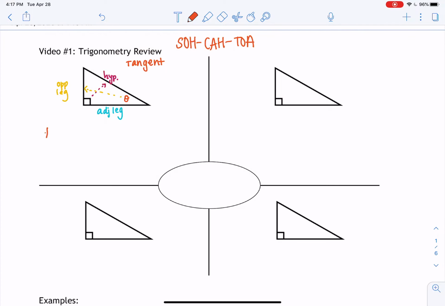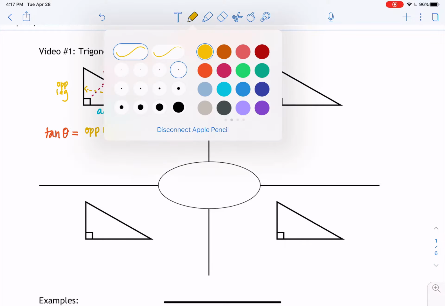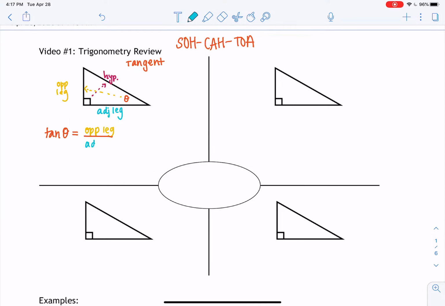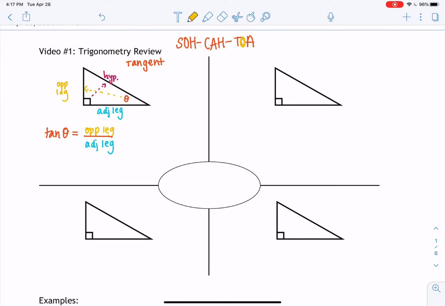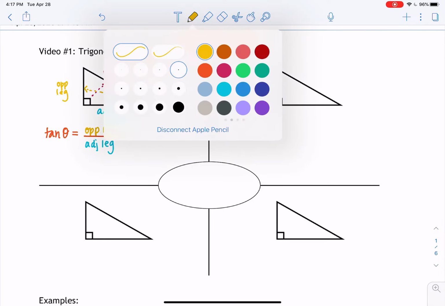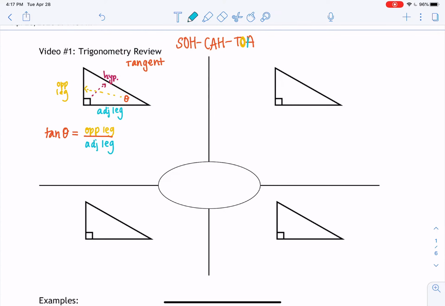So tangent, abbreviated tan, of the angle theta is equal to the opposite leg divided by the adjacent leg. And so when we go back here, we can see that tangent is T, opposite O over A, so TOA.